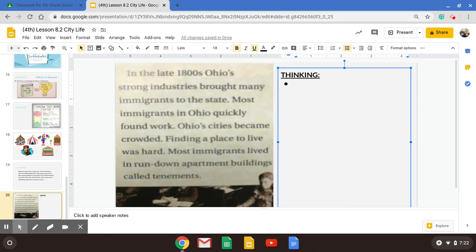Well, let's look. So immigrants in Ohio quickly found work. So we know that they were moving to Ohio quickly because they could find work quickly. We know Ohio cities became crowded.